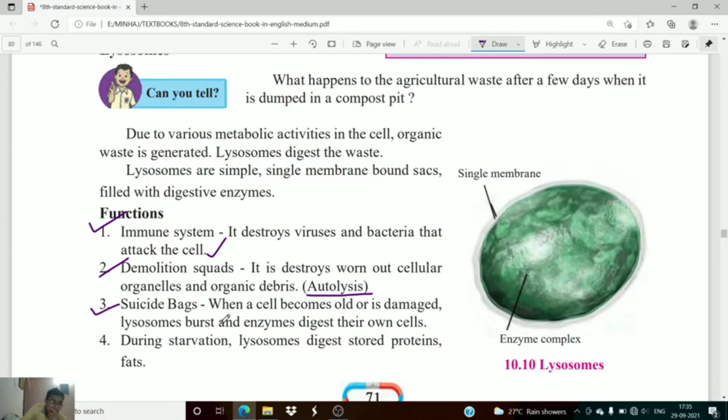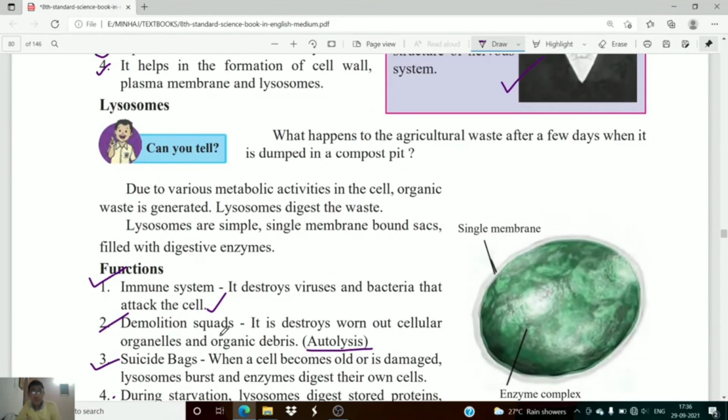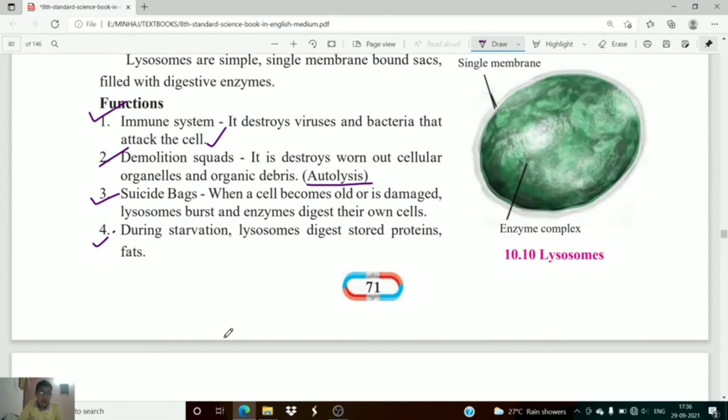Then the fourth function is during starvation, lysosomes digest stored proteins and fats. If some amount of protein or fat is stored, then during the period of starvation, when the required amount of protein is not there with the cell, the lysosome is going to digest it. So this was the fourth function of lysosomes.